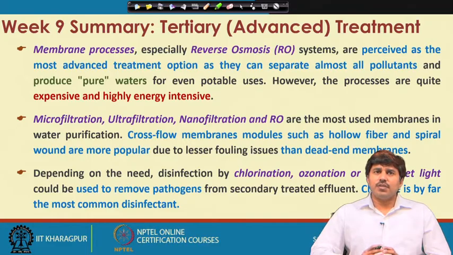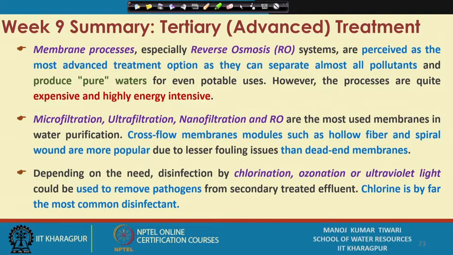Then there are membrane processes: microfiltration, ultrafiltration, nanofiltration, reverse osmosis, which are the most popular membrane systems for water purification. So, particularly the RO systems are perceived as the most advanced treatment options, which can separate almost all pollutants and produce pure water even for potable uses.